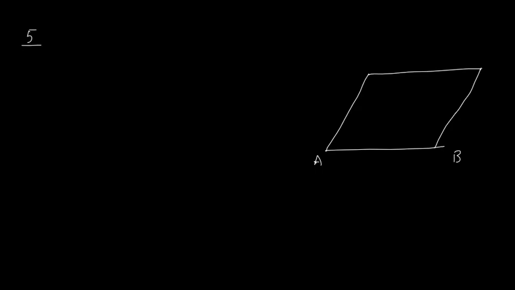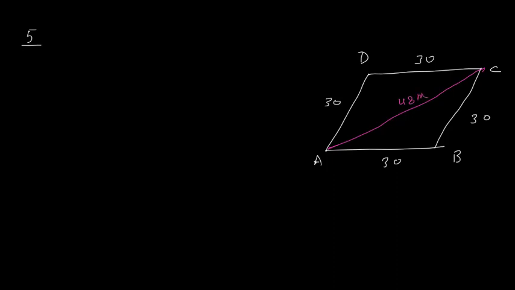So there is a field which is rhombus in shape with all sides equal to 30. So ABCD, each side is 30 meter, and the greater diagonal, larger diagonal, is of length 48 meter.